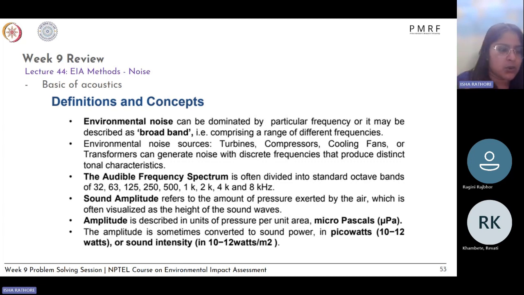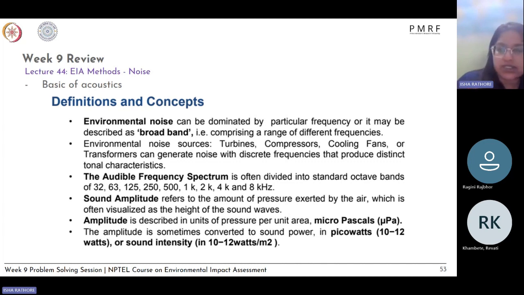When the sound wave is formed, the amplitude is the variation, and it's described in units of pressure per unit area, that is pascal, or micropascal, since it's in that range. The amplitude is sometimes converted to sound power in picowatts or sound intensity.